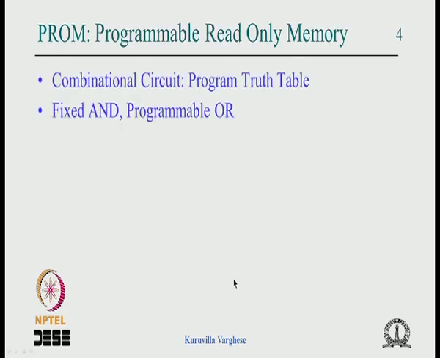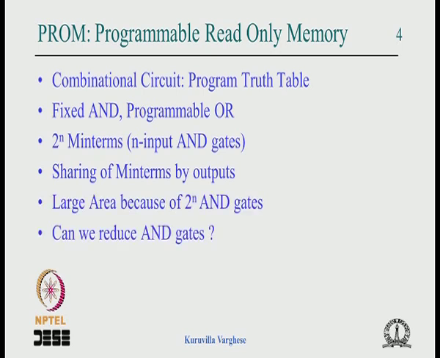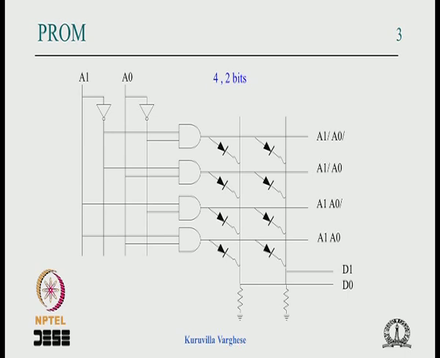So that is the idea, but basically there is a problem. As you increase the number of inputs, assume that in chip select decoding you have to decode 10 address lines.